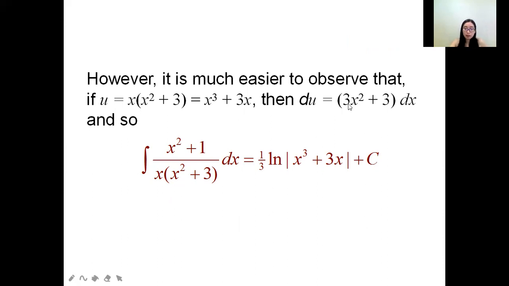Okay, kay since si 3, pwede man natin igawas. So we have x squared plus 1 na lang, x squared plus 1 dx. Diba, kini? So kung mag-u ka, may makuha ta og 1/3 du.